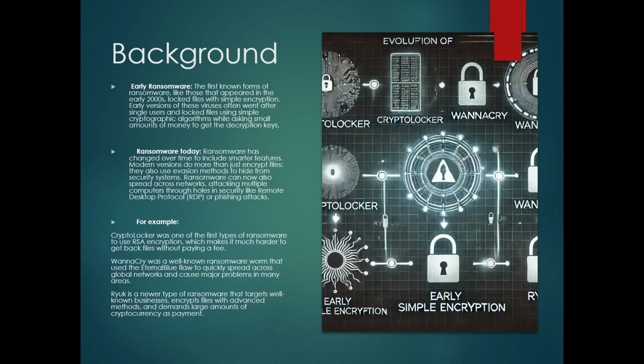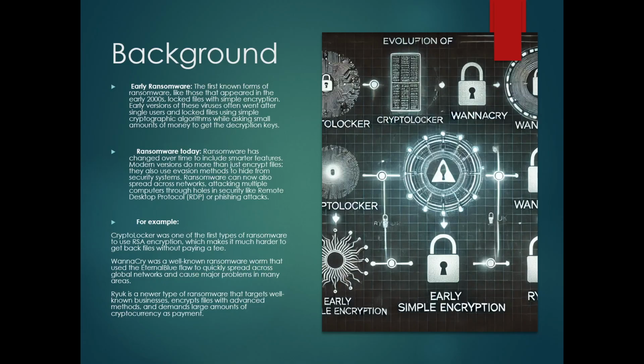If you fall behind with updates and stuff of the sort, I believe that is when you are most vulnerable. Now, for example, we mentioned CryptoLocker, the most common in my opinion. It's one of the first types of ransomware and probably one of the most common types.